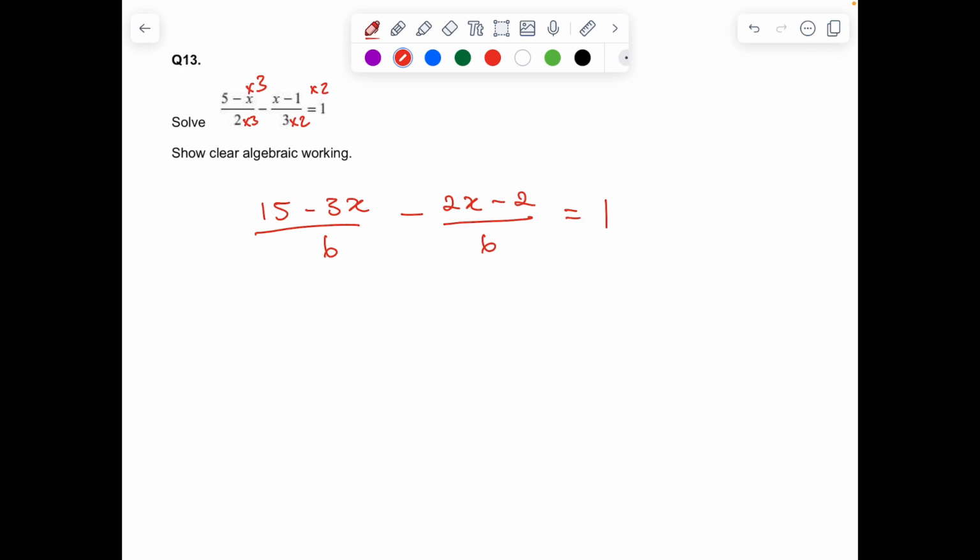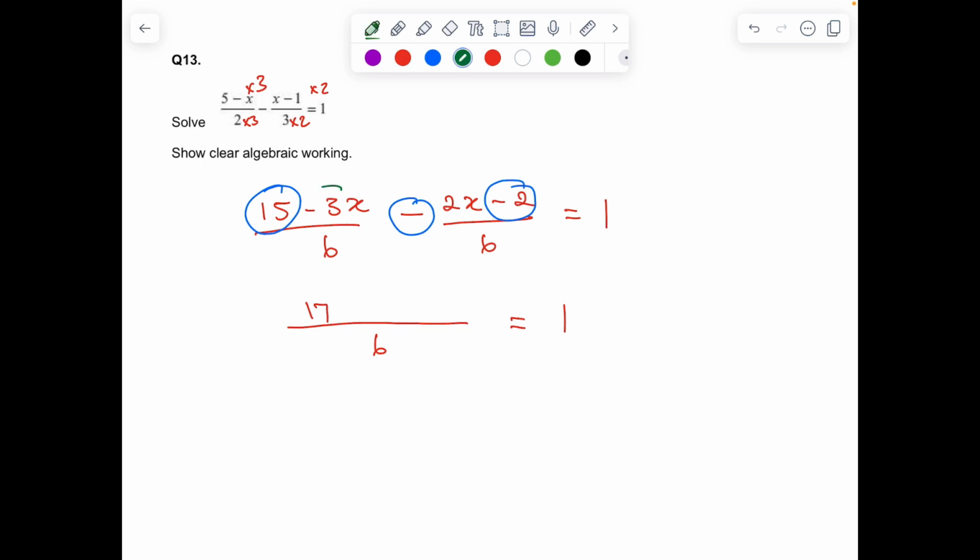Okay. I'm now going to simplify the top, so gather my like terms, so make it all over 6. And I'm going to do 15 take away minus 2. So 15 take away minus 2 makes it plus 2. So that makes it 17.